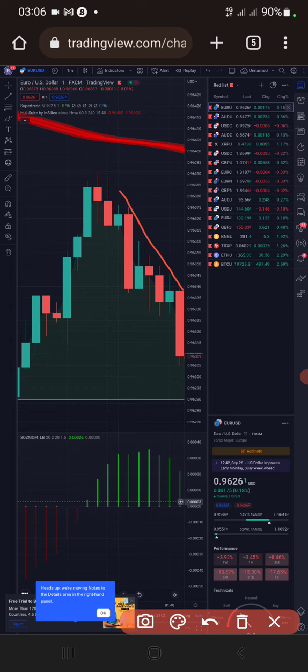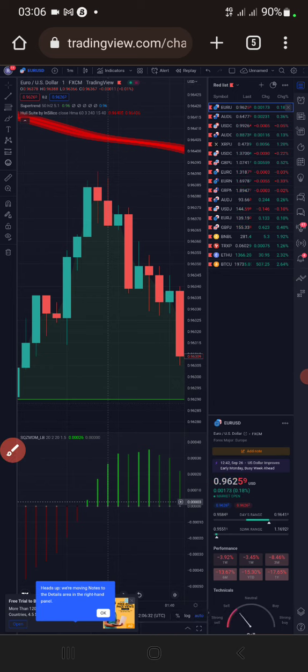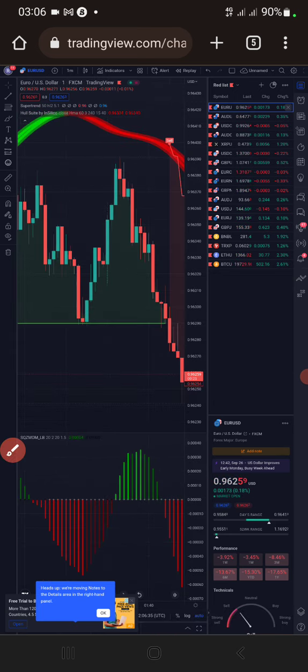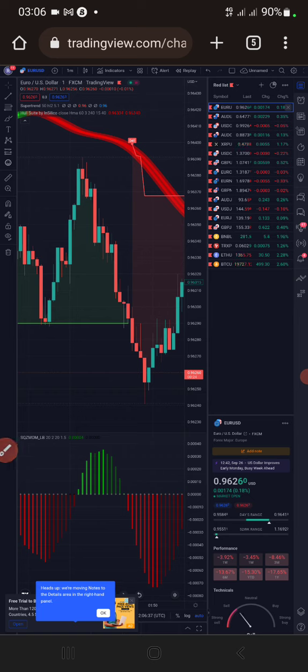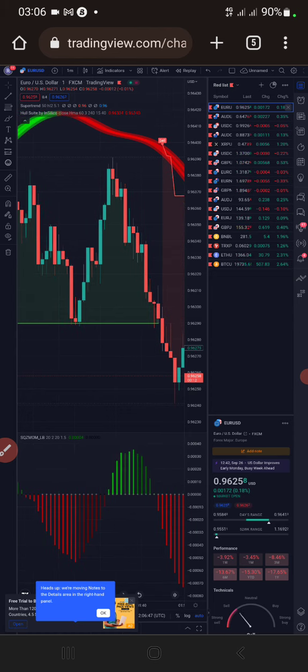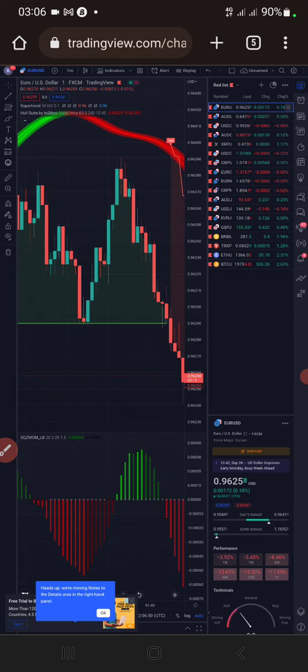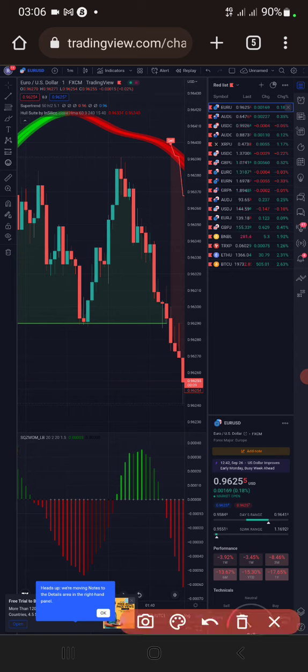And why is that? Because we are in a sell zone. Always check your zones, like looking at my moving average over here. It is red.